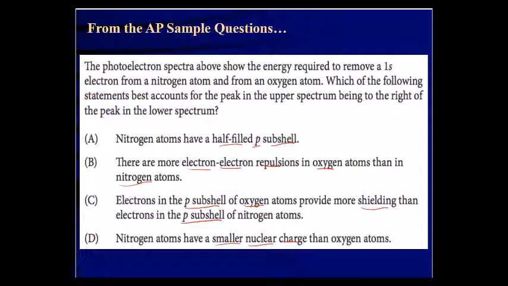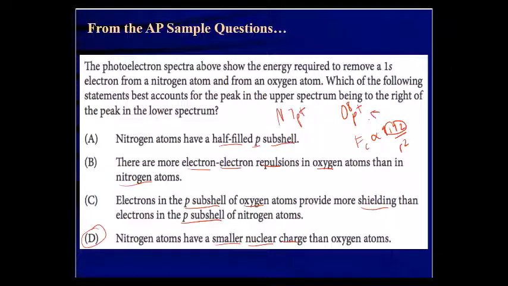Very good. Yes, all this stuff about the p's, we're not even looking at the p, we're looking at the s. So here you go, smaller nuclear charge. If you remember, nitrogen on the periodic table has 7 protons. Oxygen has 8 protons. So this part of that Coulomb's law equation we looked at last week, where we were talking about Q1, Q2 over the distance, R squared, this part is what we're talking about here.